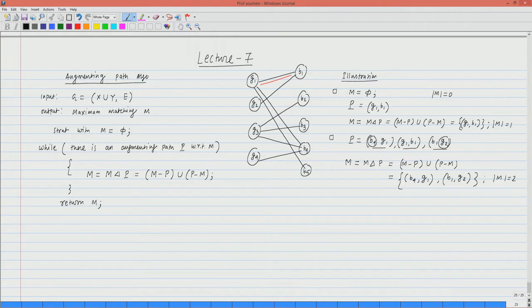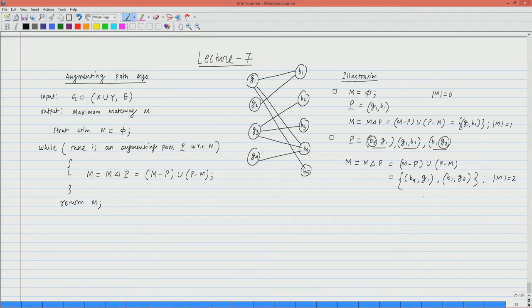So, let me see. G1 B1 is no more a matching edge. So, what I will do is remove that edge now. This is not a matched edge. Let me draw this link. Okay.